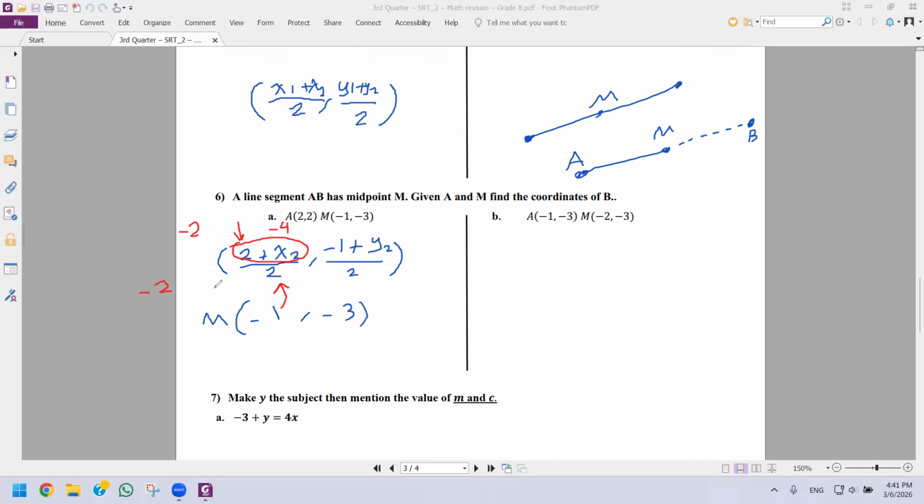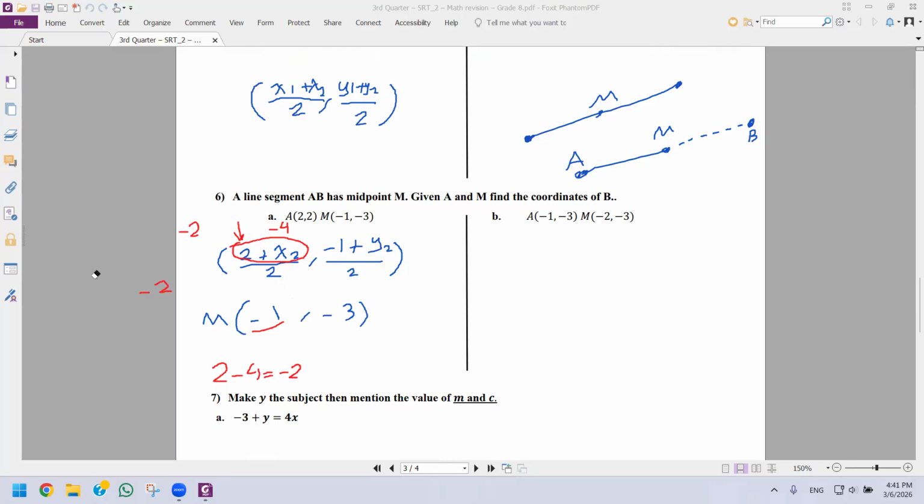Because 2 minus 4 is equal to minus 2. And that minus 2, you will divide it by 2 here. It will be minus 1. So what's the method? First, we multiply by 2, and then we try to check what should be the numerator.